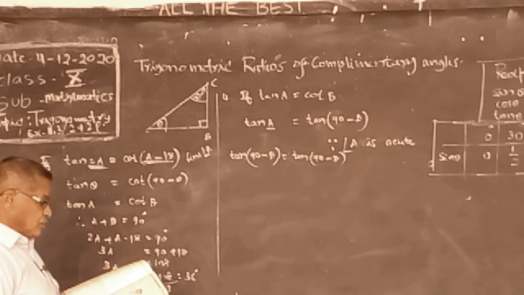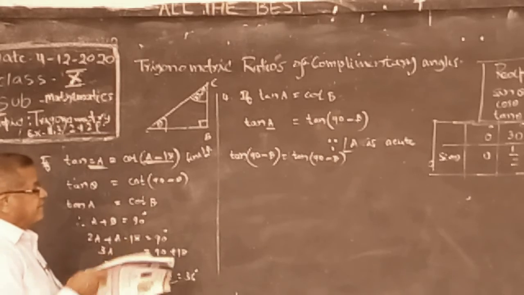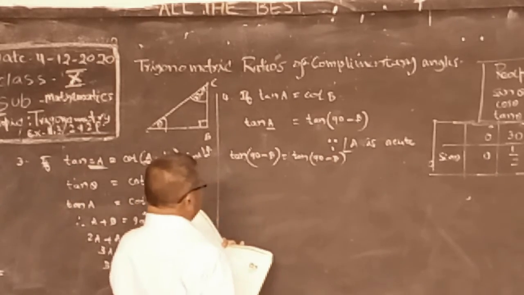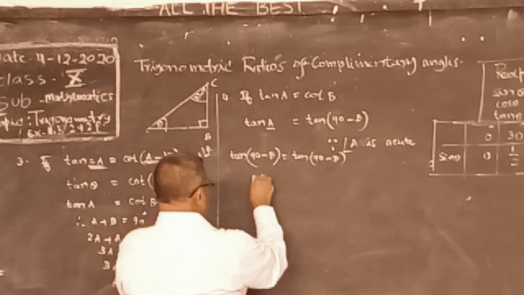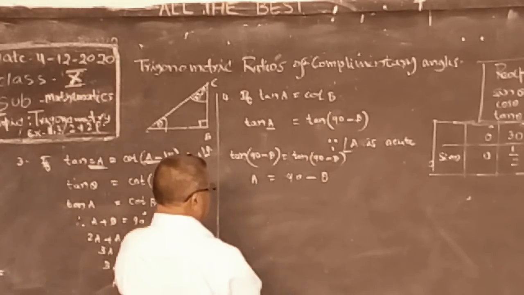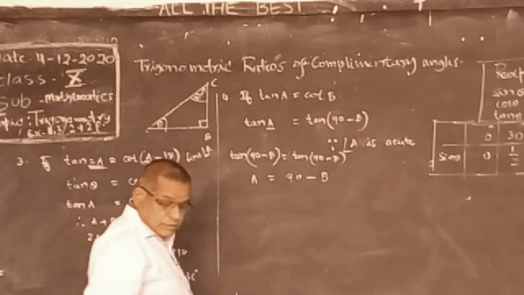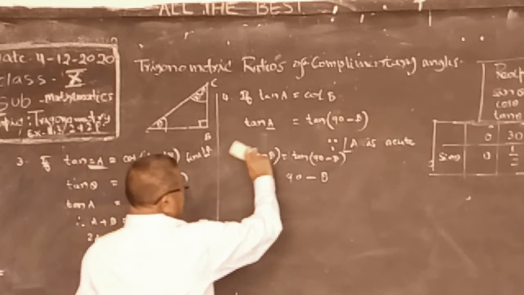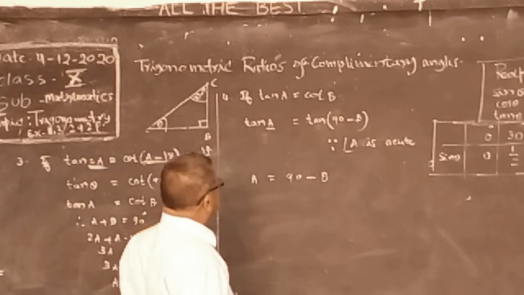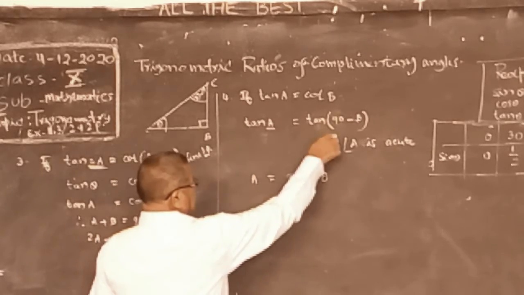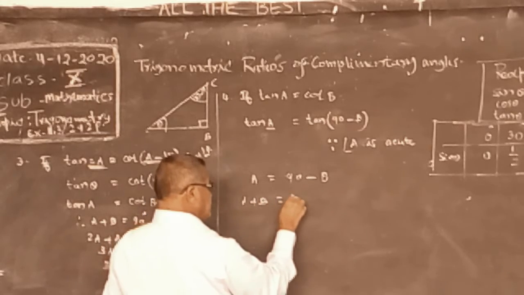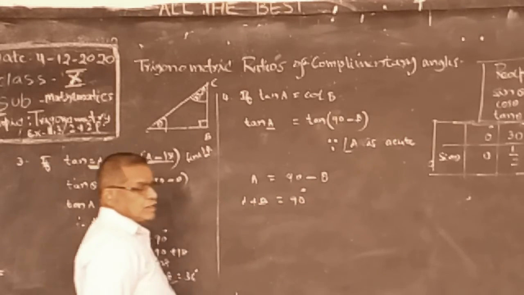Then A plus B is equal to 90. In place of A, we can also write 90 minus B. Now here, A is equal to 90 minus B. Then minus B comes to this side. A plus B is equal to 90 degrees. Like that.